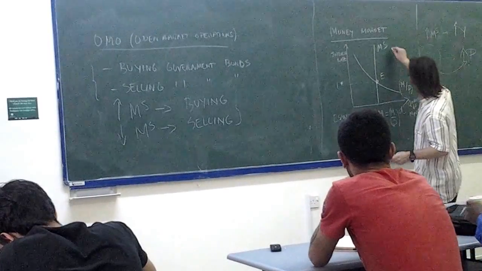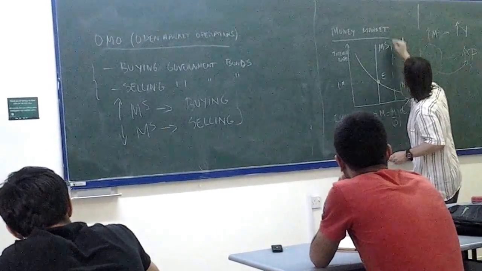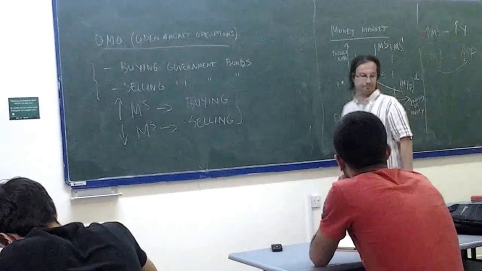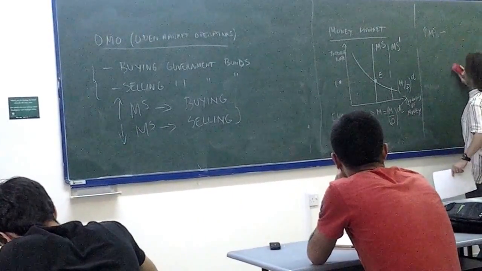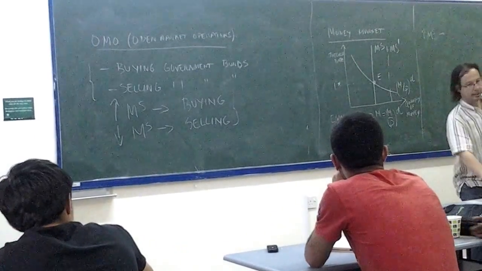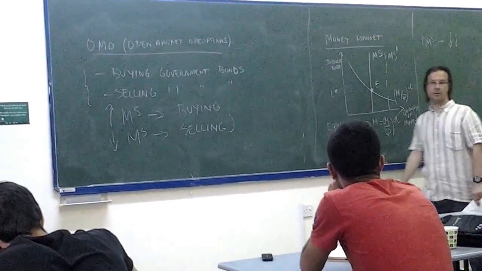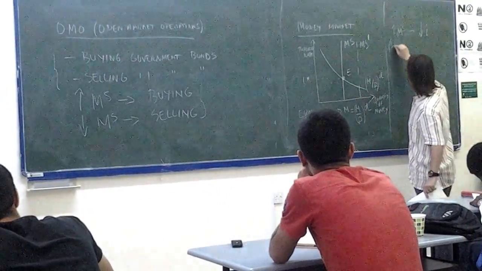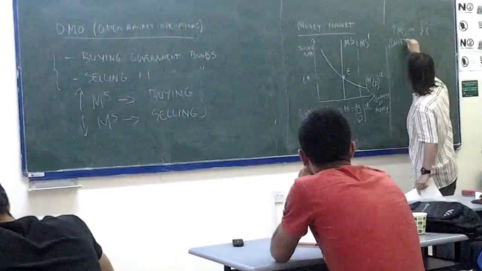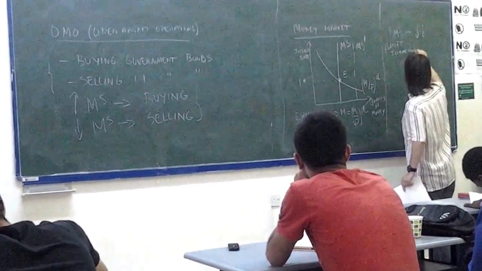Money supply will shift to the right. So increases in money supply will lead to decreases in the interest rate.